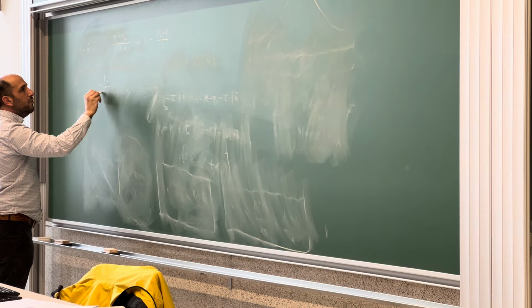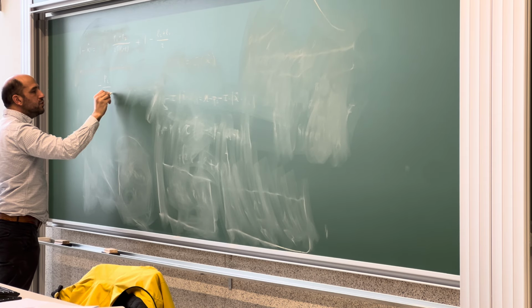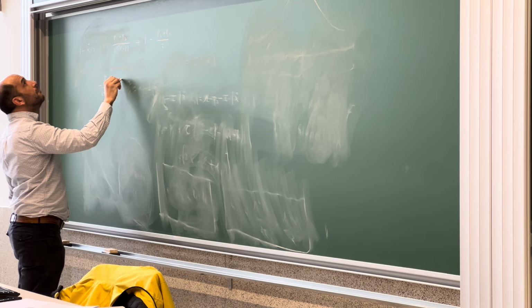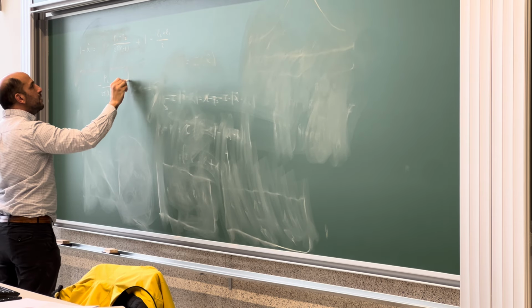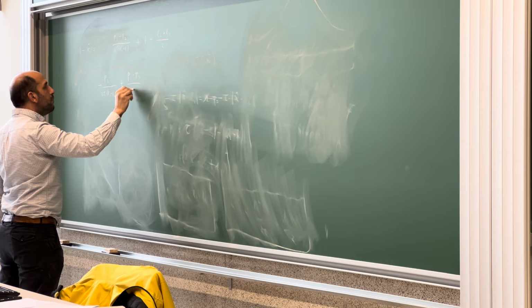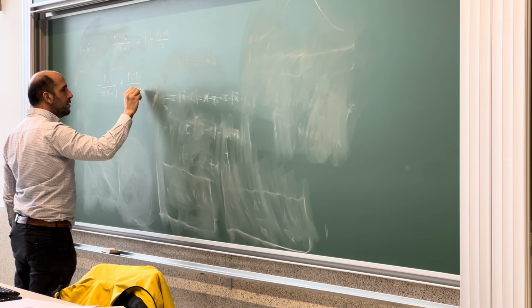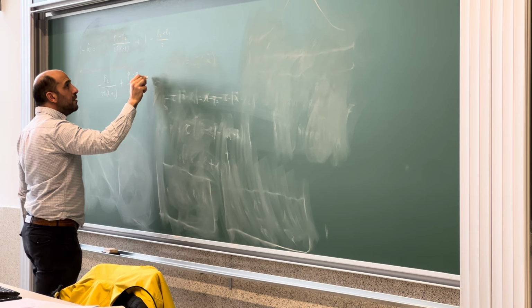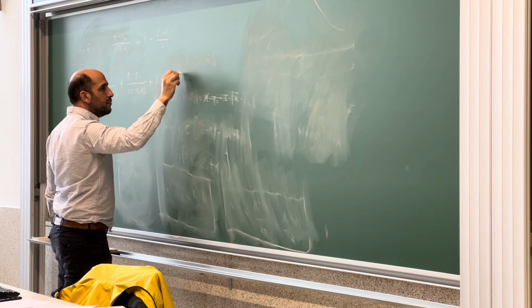Now the first order condition: the derivative with respect to P2 is minus P2 over 2 tau times (L2 minus L1), plus (P1 minus P2) over 2 tau times (L2 minus L1), plus 1 minus (L2 plus L1) over 2, equal to 0.